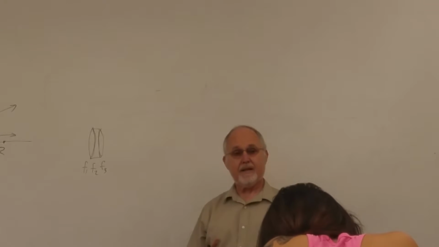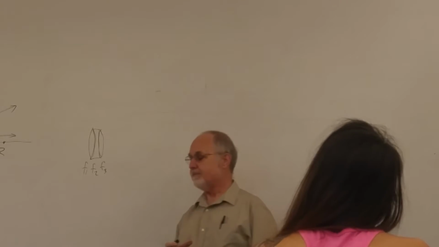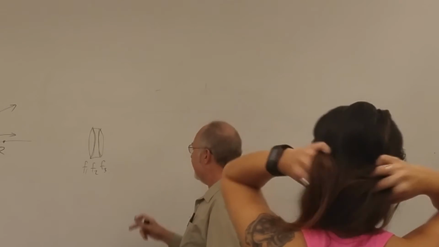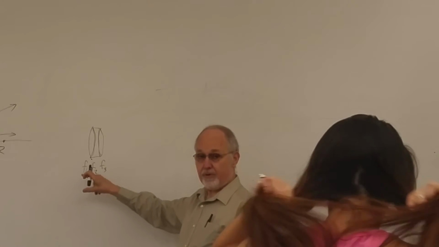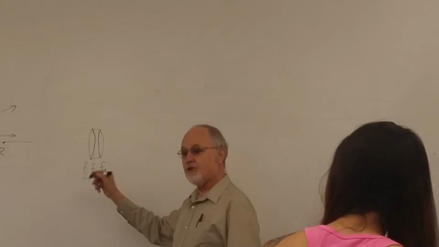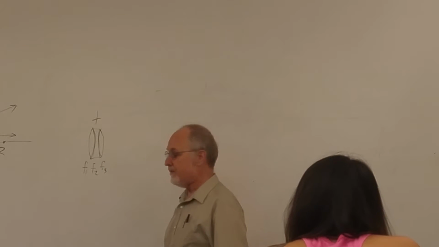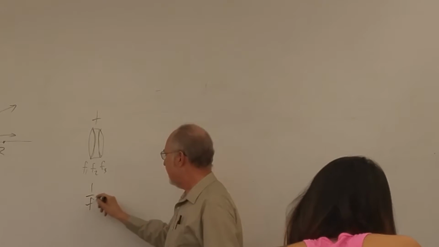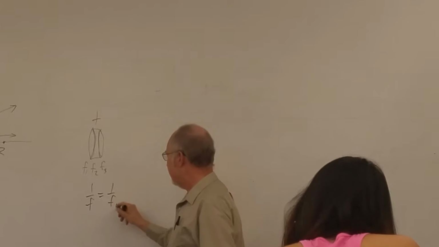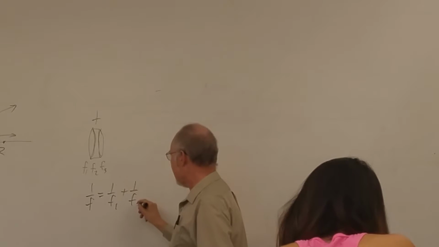And part of the reason they do that is to give you better pictures, which I'm going to talk about in just a second. Okay. But if you've got something like that for thin lenses, to get the total focal length, the effective focal length of all of this, you'd go through this equation.